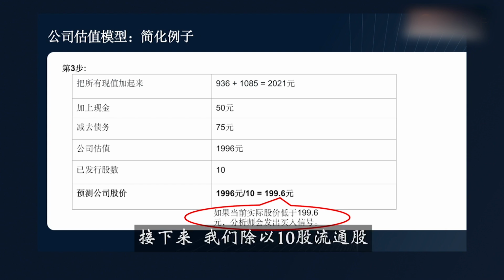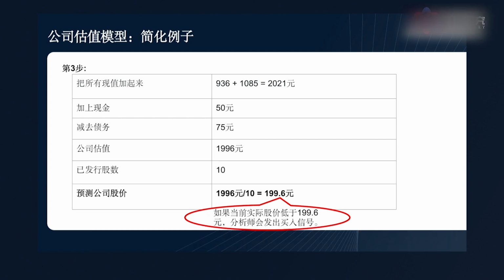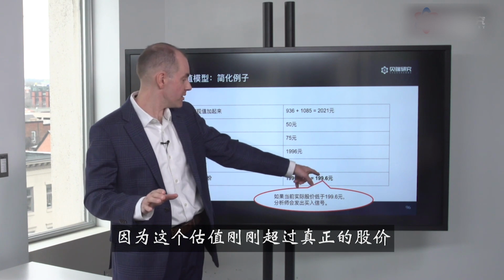Next, we divide by 10 shares outstanding, and we get 199.6 as our estimated value per share. I said estimated because if the stock is 199.5 RMB today, would you buy it? No, you shouldn't, because this estimate is barely over that.